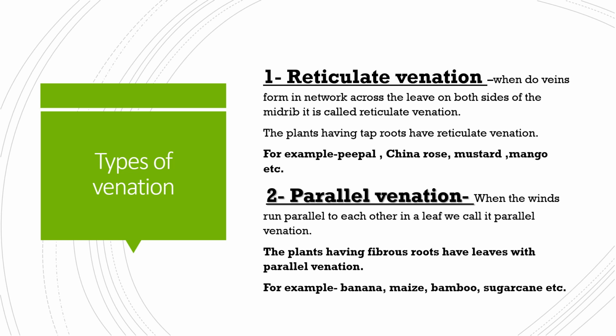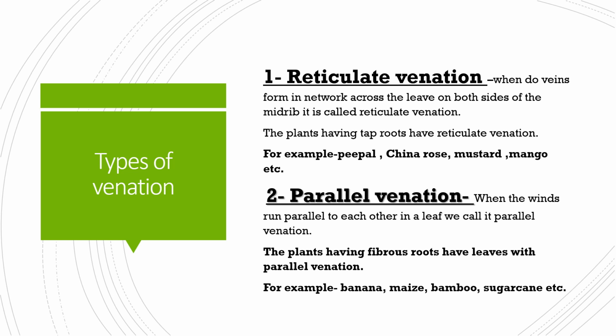And in the case of parallel venation, the veins run parallel to each other, meaning they are not arranged in a reticulate pattern but in a parallel way. Then we call it parallel venation. Generally, the plants which bear fibrous roots have parallel venation, and the plants that have tap roots have reticulate venation.